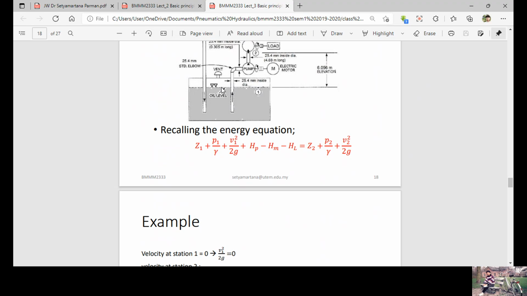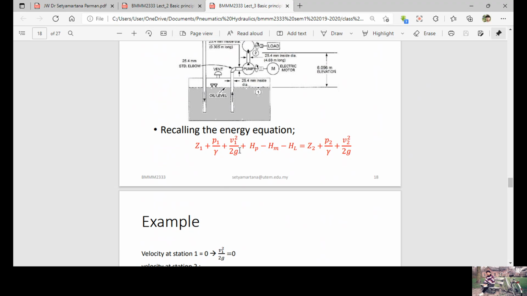The amount of oil in the tank is very large, so due to the flow, the decrement of the surface is neglected. So it is assumed that the velocity at 1 is 0, meaning the decrement rate of the surface is 0.